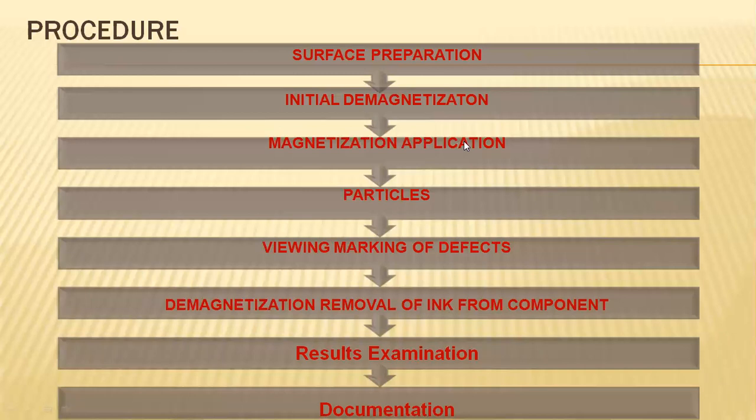Depending upon that, the type of technique will be utilized for magnetization of those particular particles. And upon identification, markings will be made on the experimental object where the defects exist.